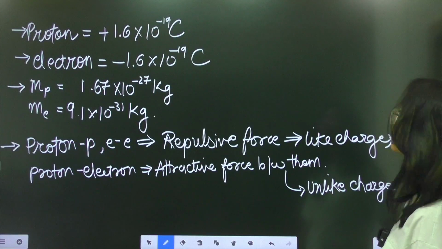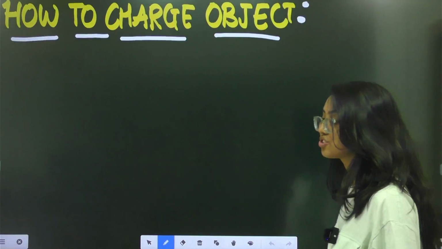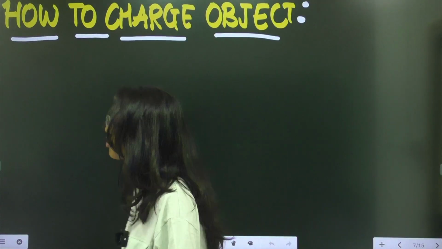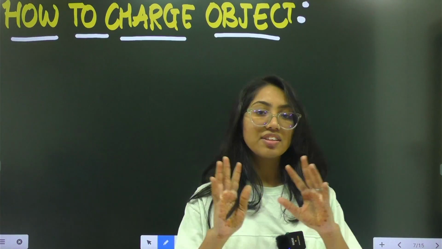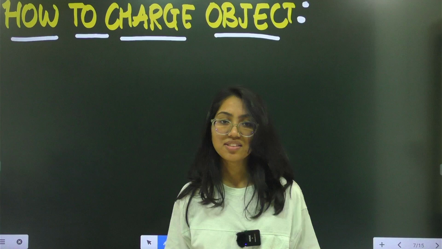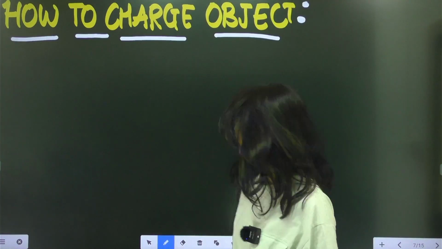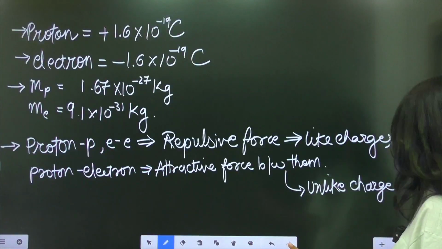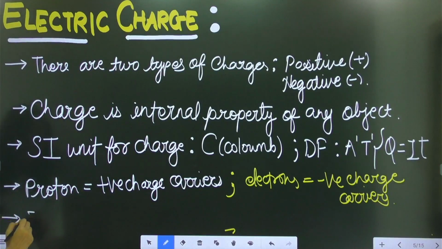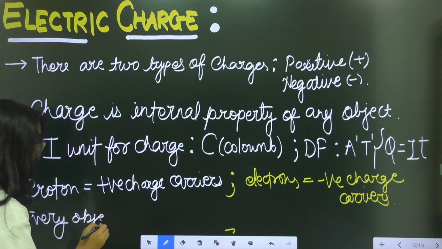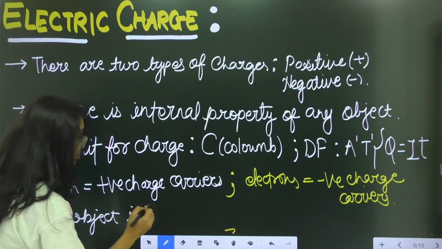Now for the next topic, we have how to charge any object. We know that everything on this planet, everything on this earth, is neutral. That is something I forgot to write here. Let me write it: every object is by default neutral.